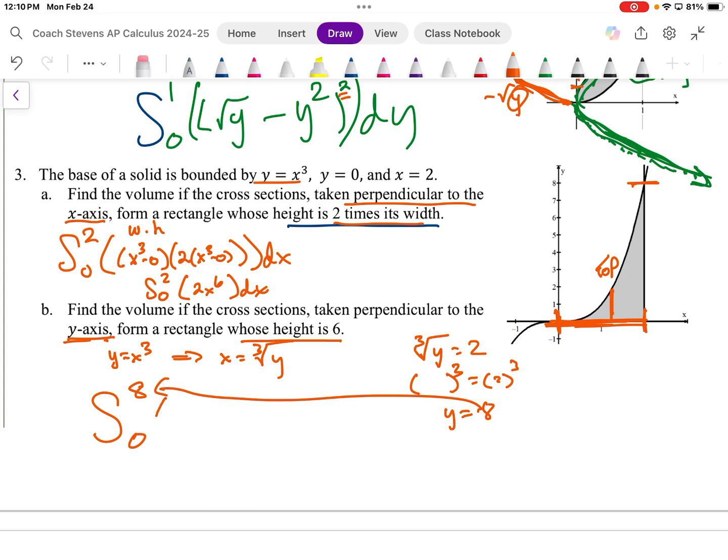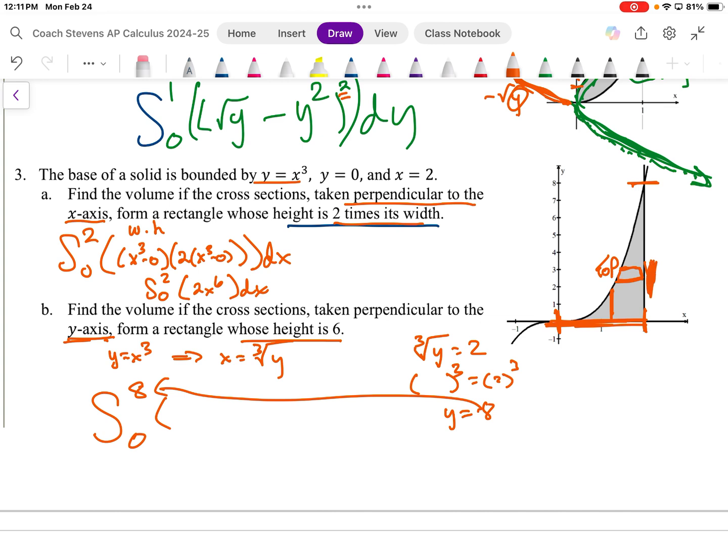All right, so we are drawing them this way. Now, what is the right equation? Technically, the right equation is the line x equals 2.